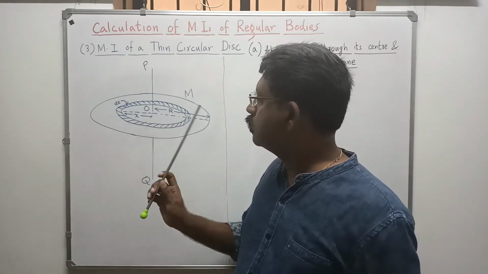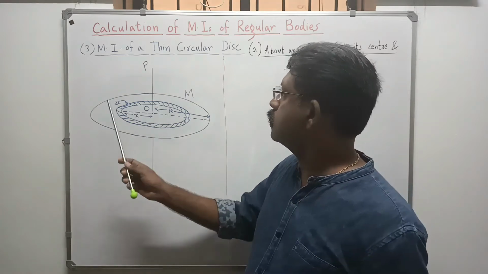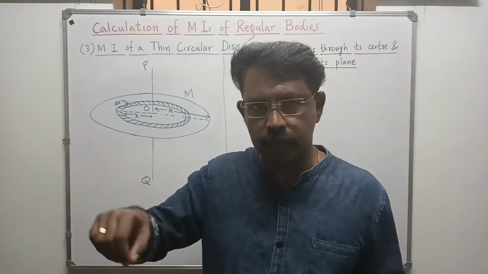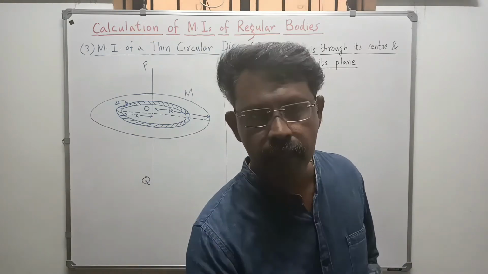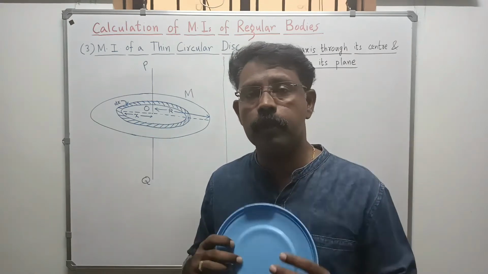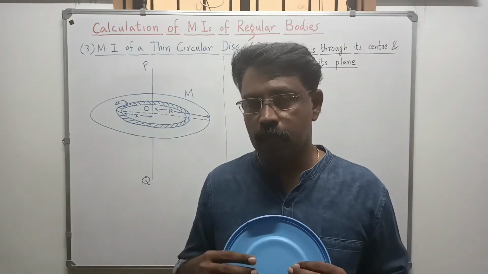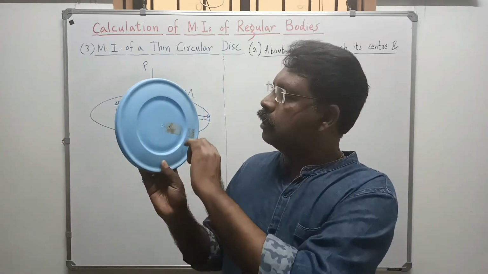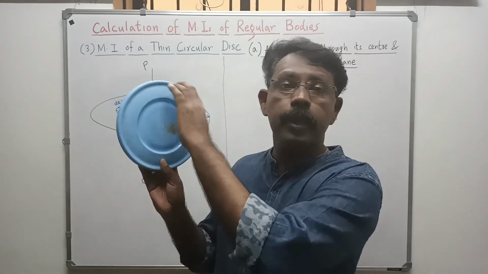Now, in order to calculate the moment of inertia of this disk about this axis, first we will consider a small portion. We have already calculated the moment of inertia of a ring. Now we can consider that this disk is made up of many rings.